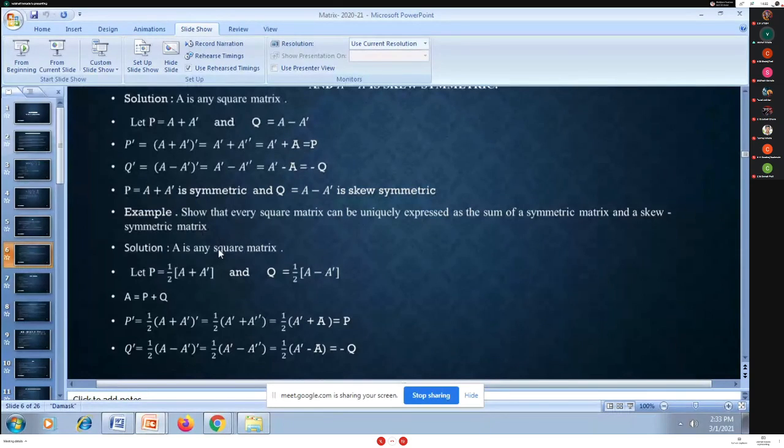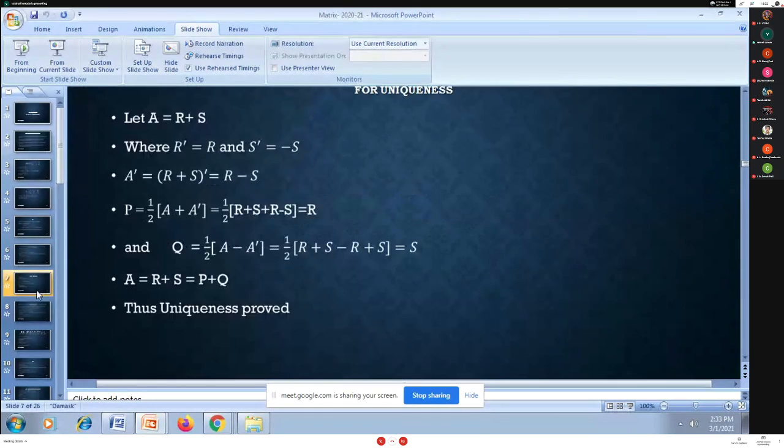Further, I told you that 4 to 5 statements are in such a manner that every square matrix can be expressed as symmetric plus skew symmetric, and the uniqueness of it.